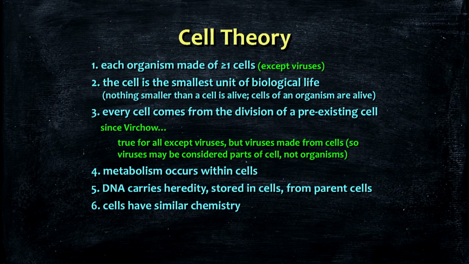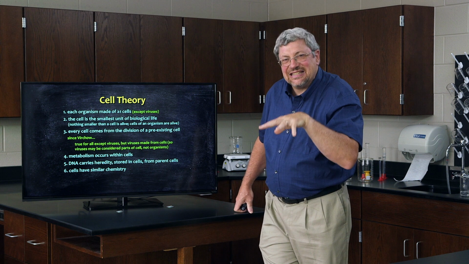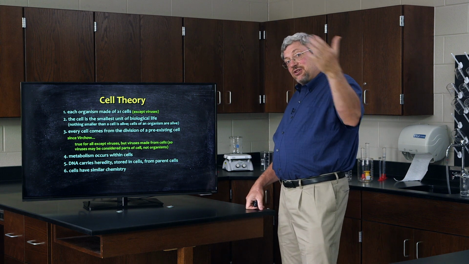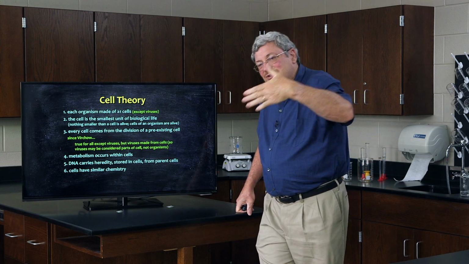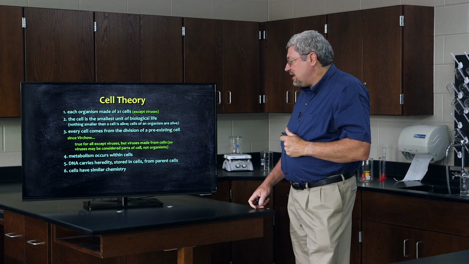Fifthly, DNA carries all the hereditary material, and it's found in cells. So heredity, inheritance, is all found within cells. And since cells come from other cells, it turns out that the hereditary information comes from the parent cells that came before the cells that we see.